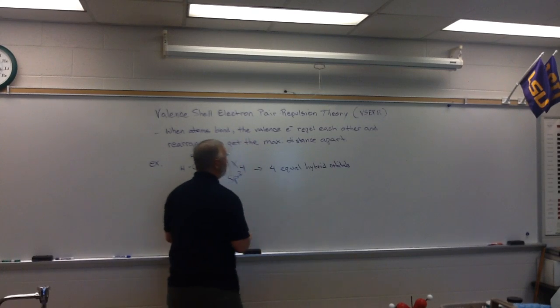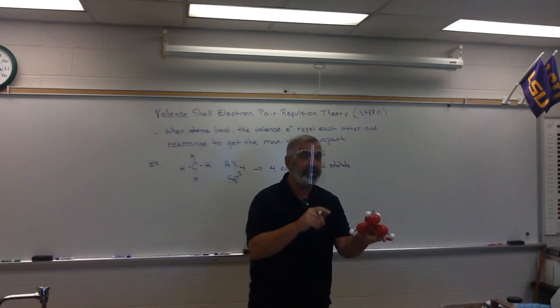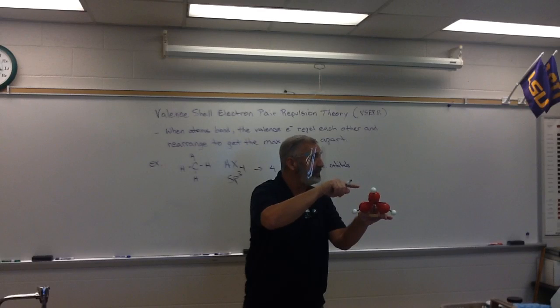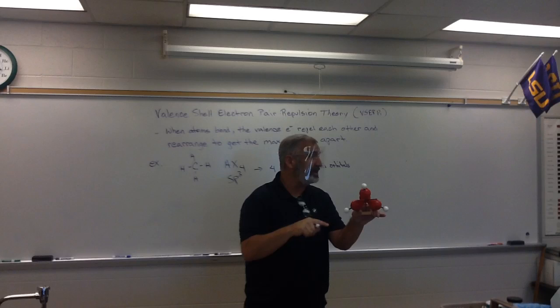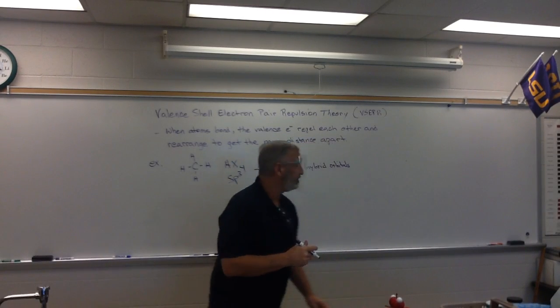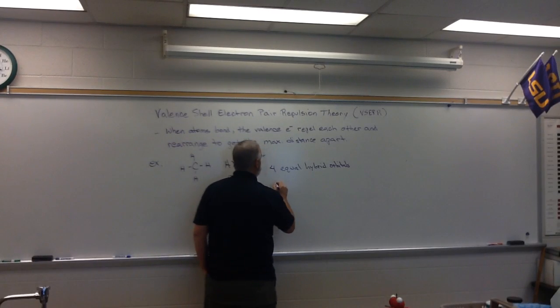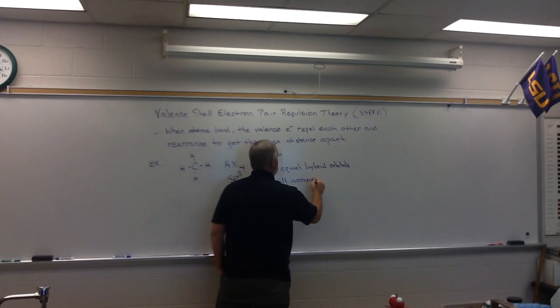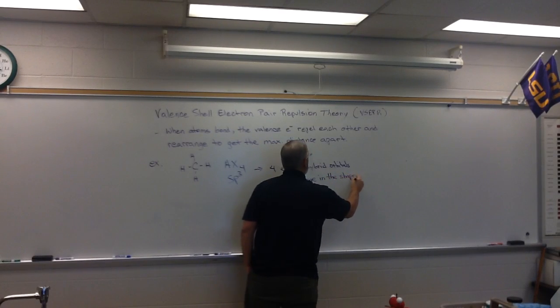So, 4 equal hybrid orbitals, 4 electron pair domains. 4 places around the nucleus where the electrons are going to be, whether it's a bonding pair or a lone pair. You have 4 pairs of electrons around the central atom, the octet. It's going to be in this arrangement. So, 4 equal hybrid orbitals will arrange in the shape of a tetrahedron.